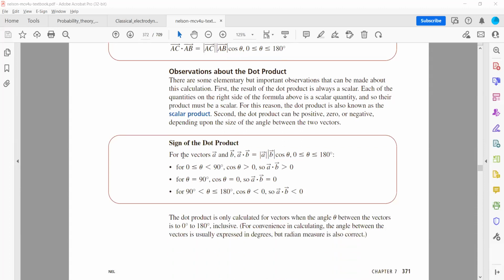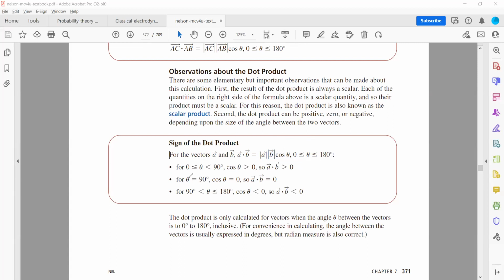So let's take a look at three outcomes of a dot product. For the pair of vectors A and B, the dot product is expressed as the modulus of vector A times the modulus of vector B, or their magnitudes, times cosine of theta, where theta takes values in the range from 0 to 180 degrees.